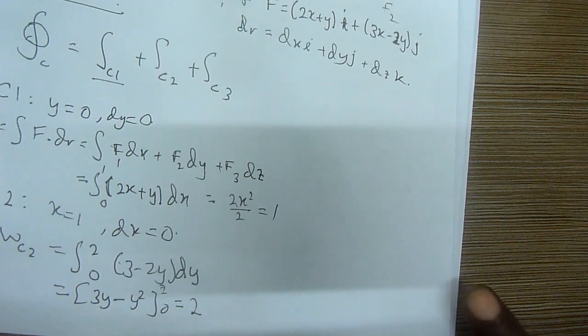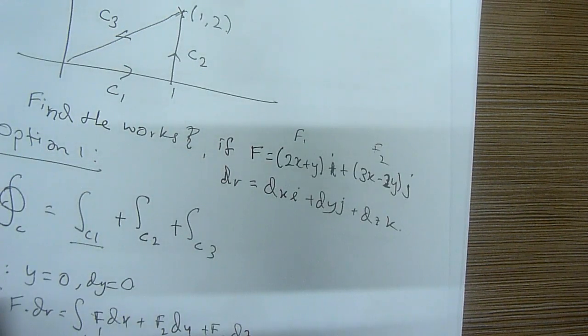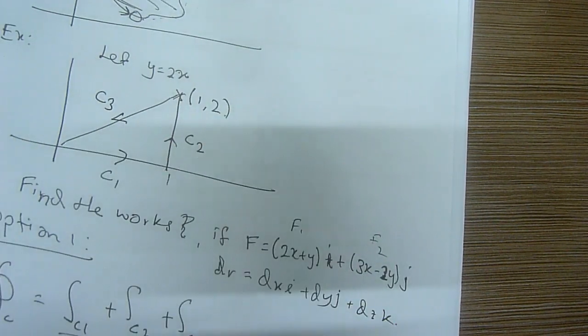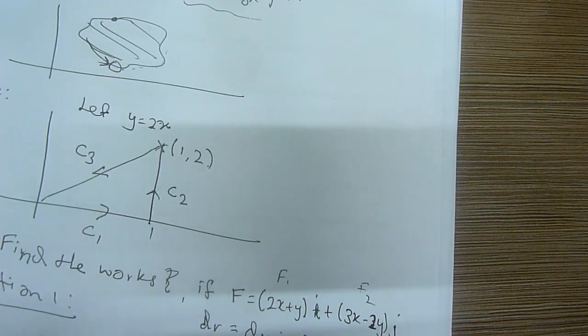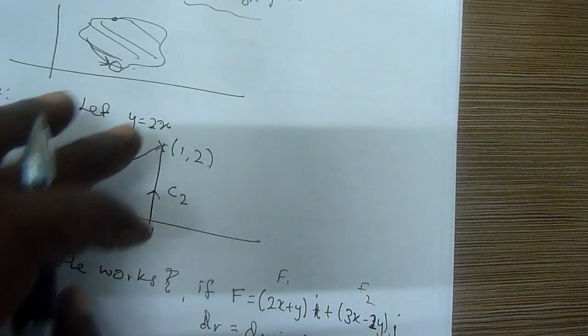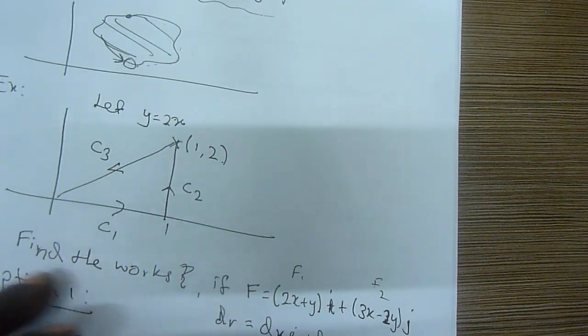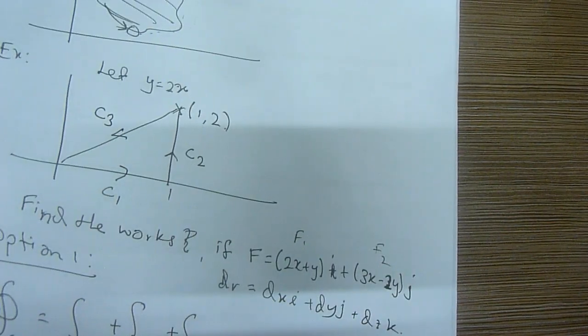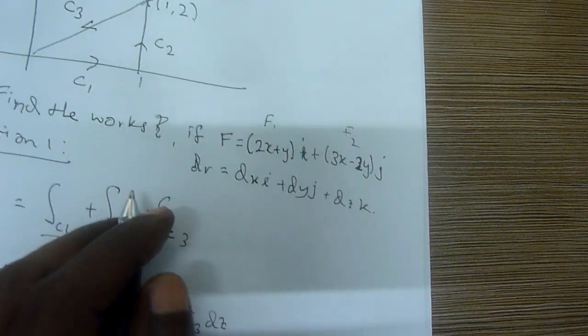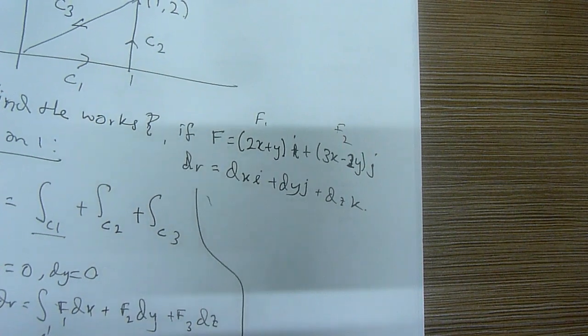What about C3? To calculate C3, can I use one of the spaces here, because I want to make sure that you all can see what is going on. Okay, I use this space here.